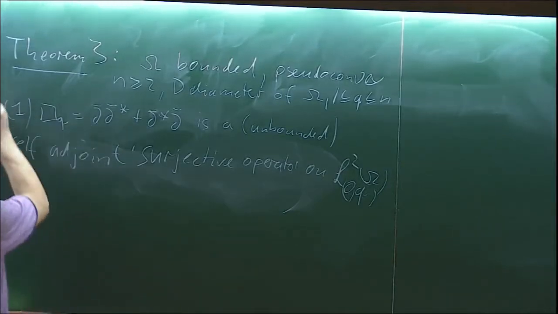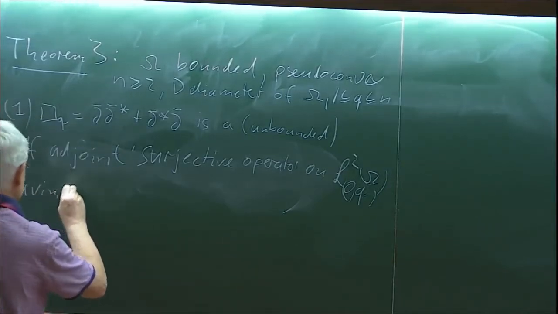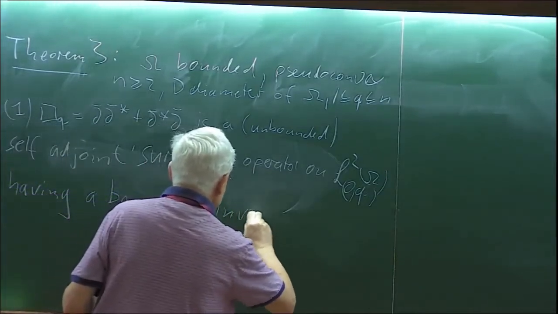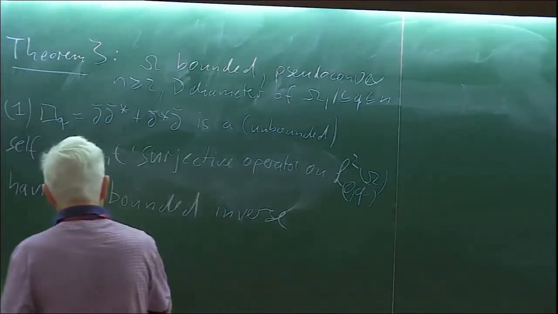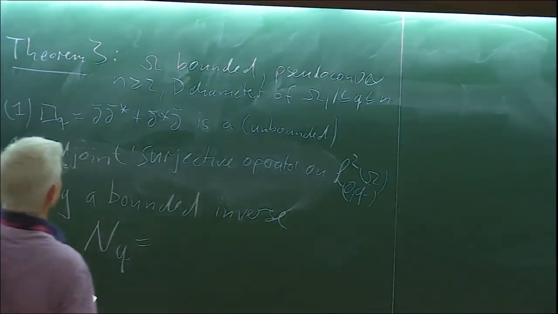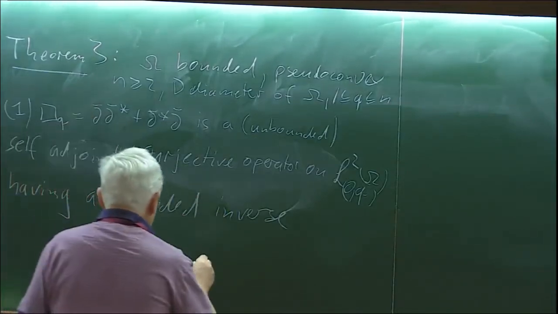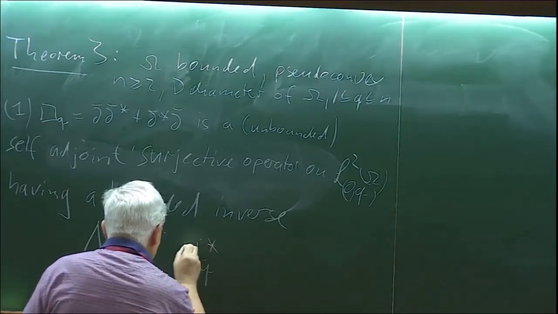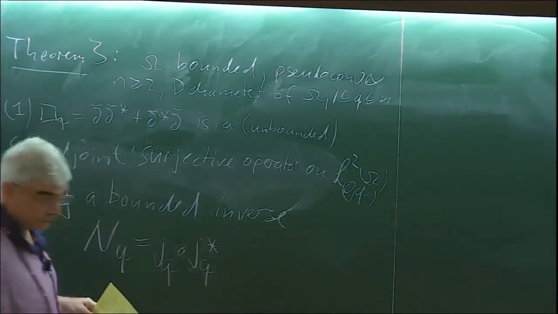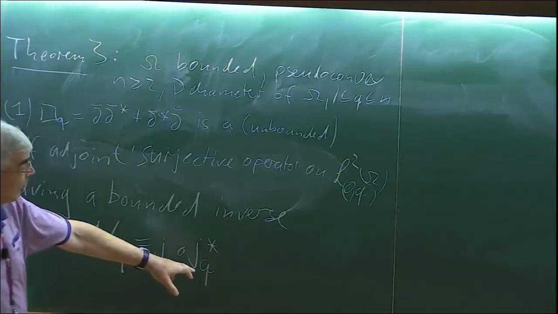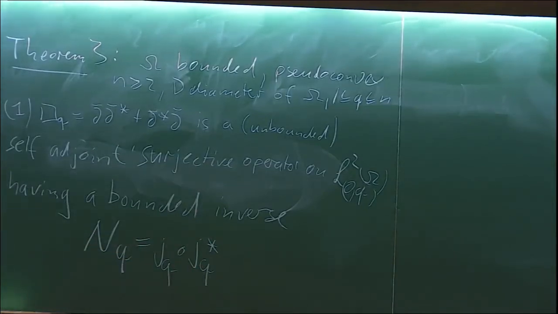Well, and having now a bounded inverse, N Q, it's given in terms of this embedding, namely it's J Q star composed with J Q. J Q star maps from L2 into here, and then we embed back into L2.